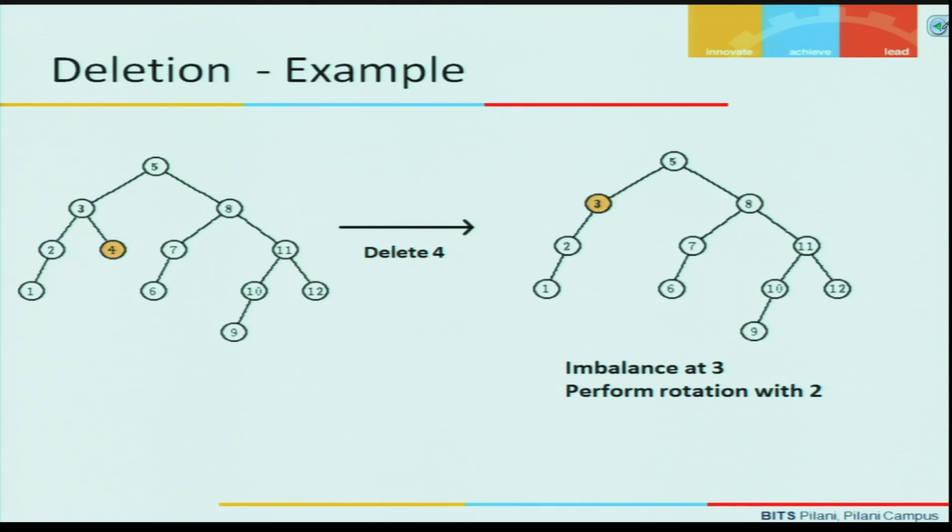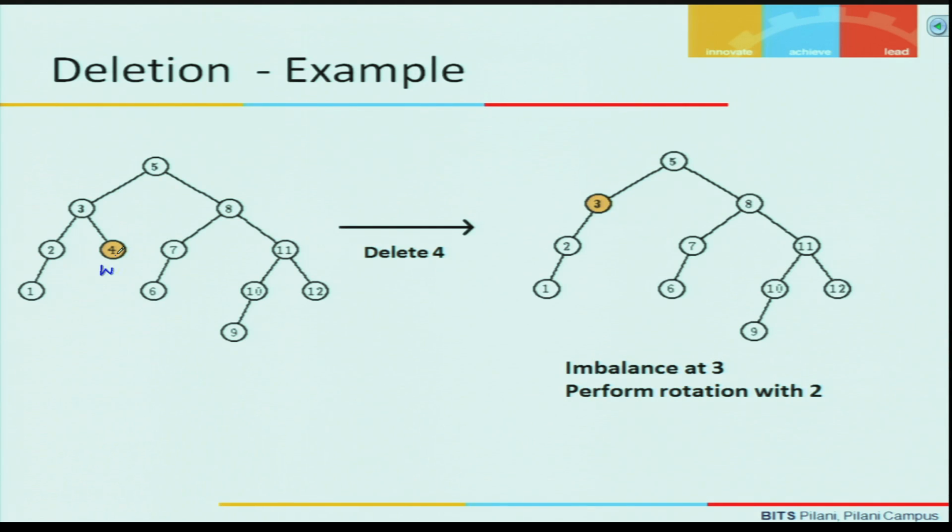In this example again, we are not shown the external null nodes. Now, this is a case where the node has no children which are internal nodes. So, we simply delete it from the AVL tree. Now, we look at the height on the path from the node which is deleted, which we are going to call W, to the root.